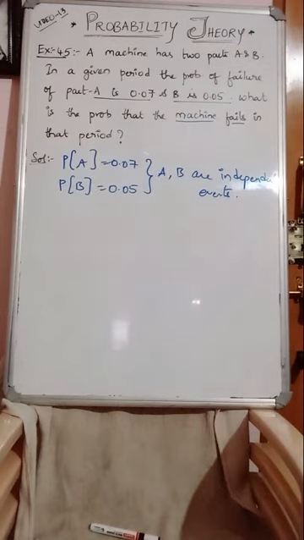Machine fails means they did not ask for a particular part, just to calculate that the machine fails. Then A can fail or B can fail or both can fail, isn't it?